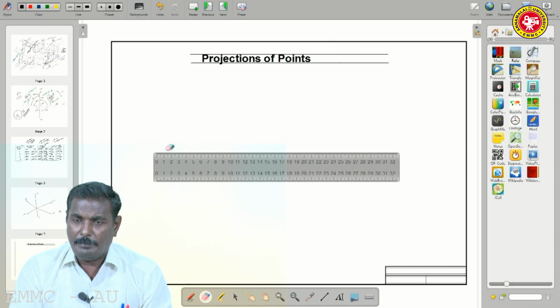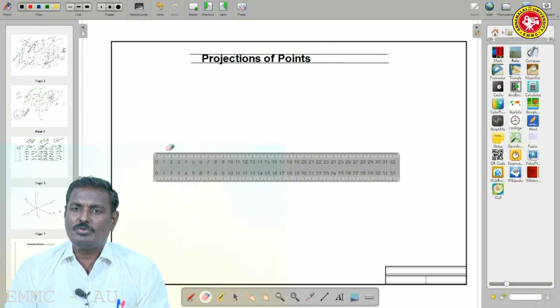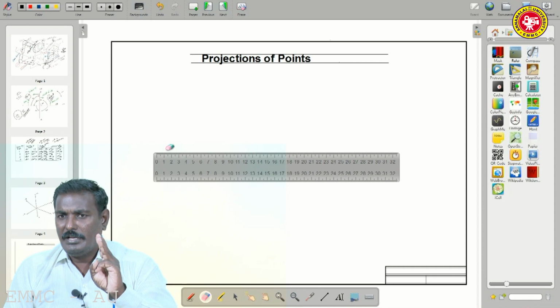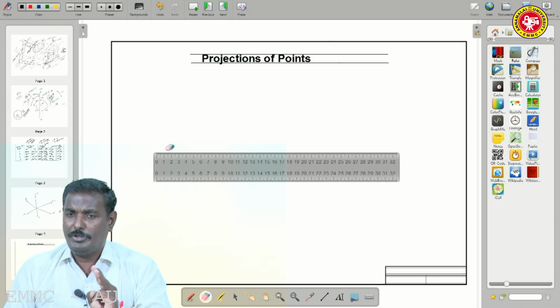After confirming, then take an H pencil and trace. For lettering, use an HB pencil. So as I already stated, we have to use three types of pencil.